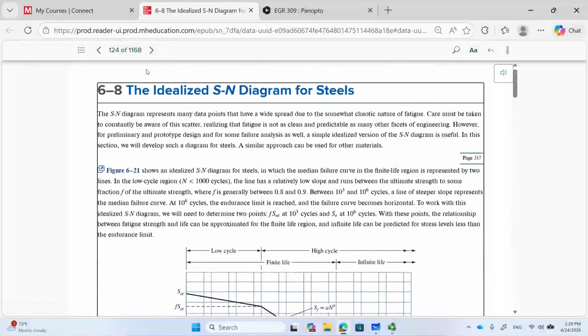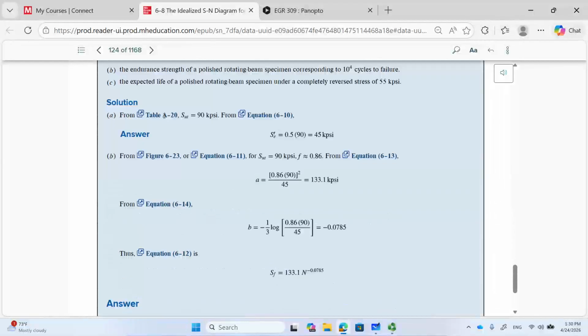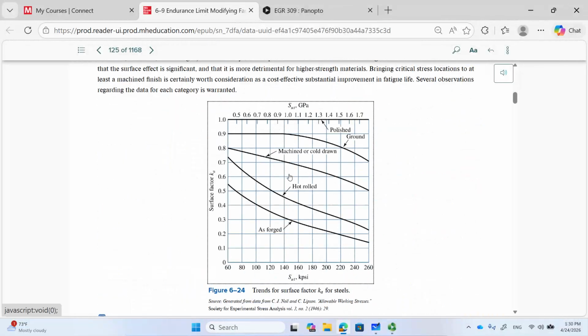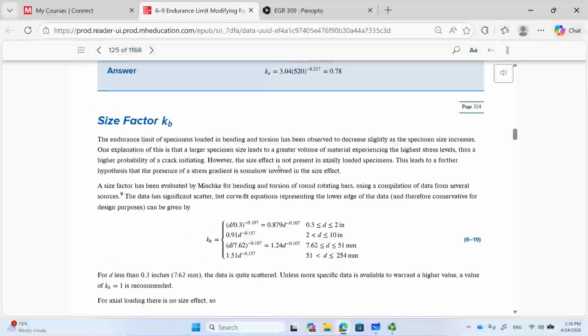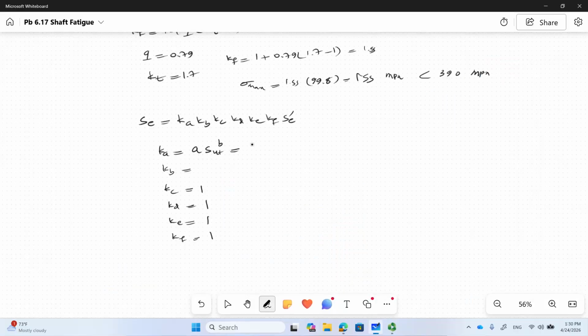Okay, Ka. Where is Marin's equation? Okay. Surface finish factor. If it is machined and cold drawn, factor a in SI units is 3.04. Then SUT for us was 470.